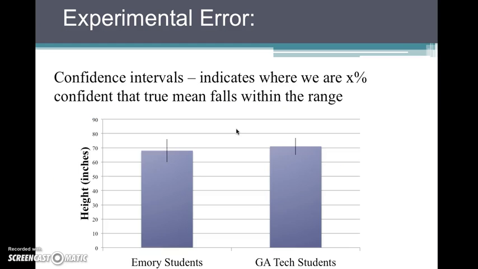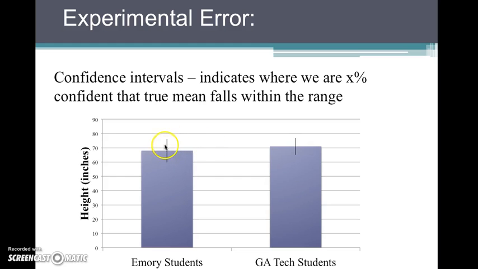You'll also see error bars represented as confidence intervals, and these are related to the standard error of the mean, and they just represent the range where we are, say, 95% confident that the true mean falls. Okay, so when you look at this, do you think that Emory students and Georgia Tech students are statistically significant in their average height?